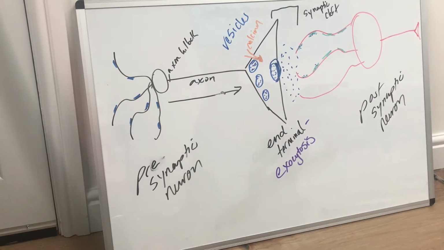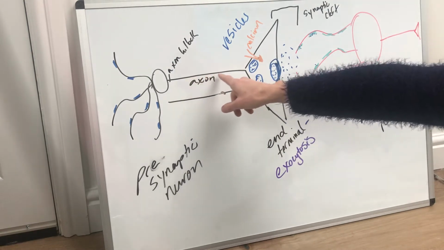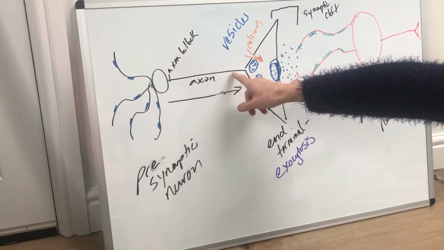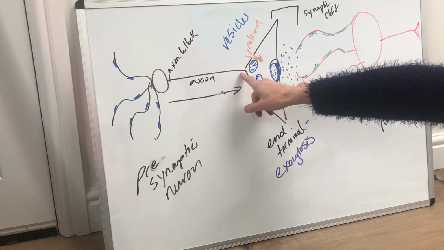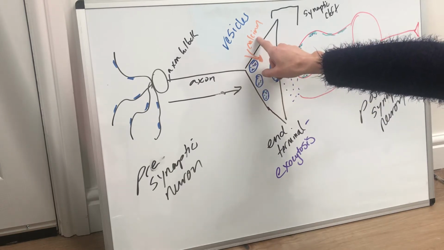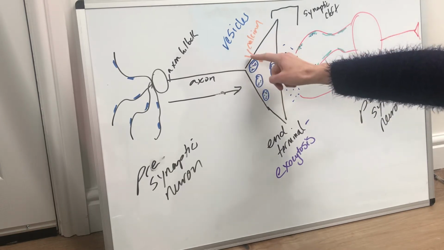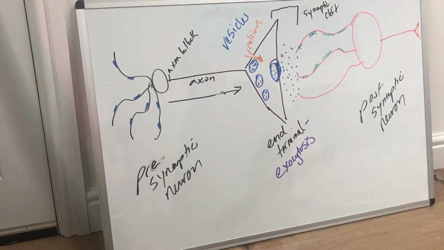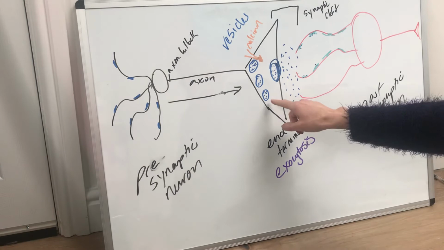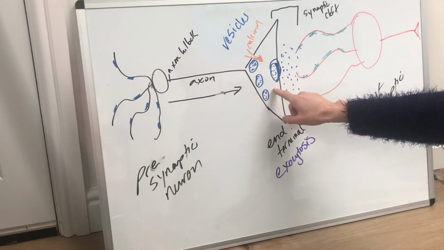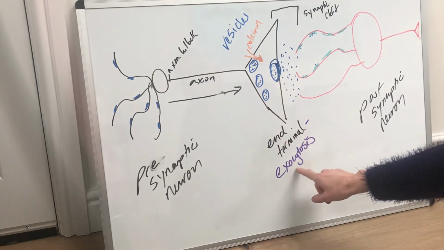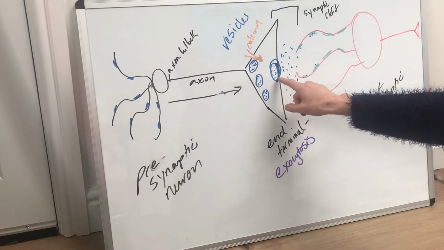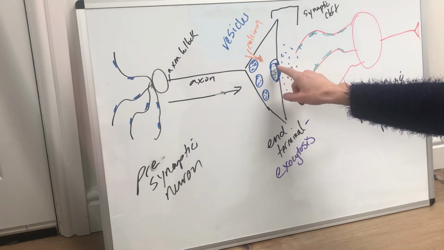So again, to recap, you've got an action potential being propagated down the axon of the presynaptic neuron. Action potential triggers an influx of calcium through a voltage-gated channel into the end terminal. The vesicles holding neurotransmitter start to exocytose, which means that they fuse and merge with the membrane of the axon end terminal.